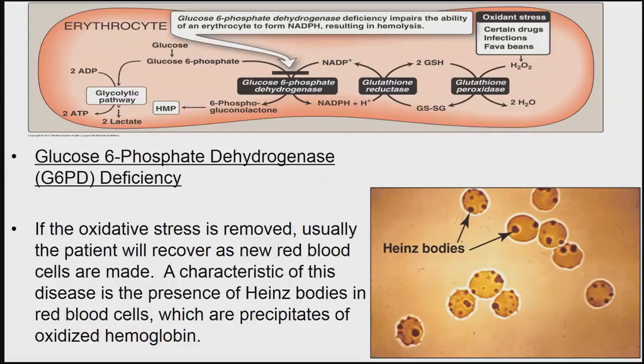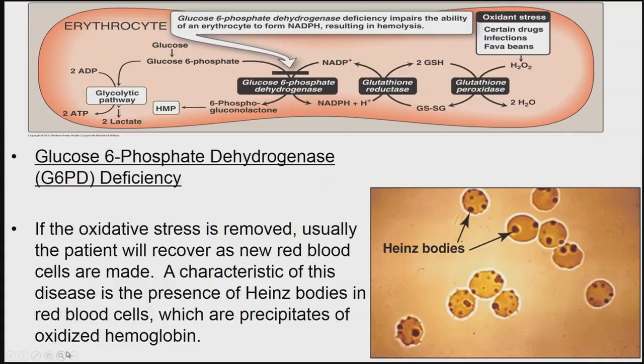Okay, so G6PD deficiency, and I guess I didn't write it there, but you remember we talked about pyruvate kinase deficiency, right? Pyruvate kinase deficiency, that was in our glycolytic pathway. I told you that was the second most common enzyme deficiency that causes a hemolytic anemia. Now, there are other hemoglobin defects that cause hemolytic anemias, but we're not counting those, hemoglobin isn't an enzyme.